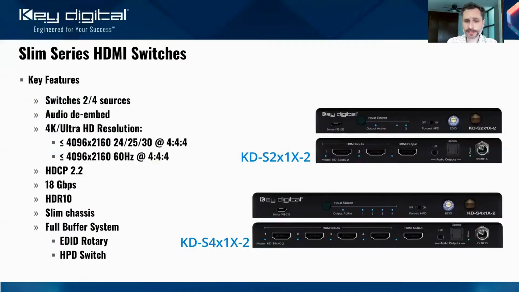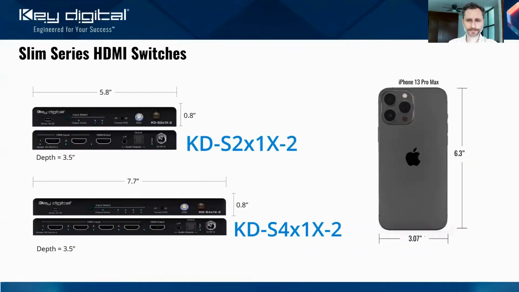But here's our Slim Series switcher, which is obviously a smaller form factor. But we see the stuff that makes it reliable, like our full buffer technology, the stuff that makes it the latest and greatest and worth spending money on, like 4K resolution, 18 gigabit per second bandwidth, HDCP 2.2, support in HDR10, all supported. How small are the Slim Series?